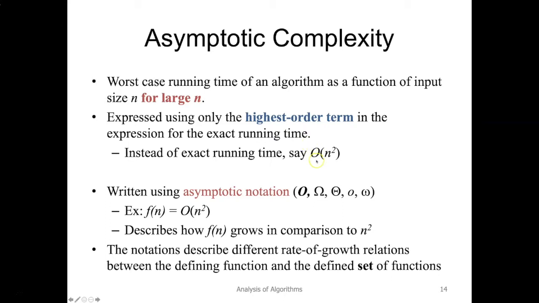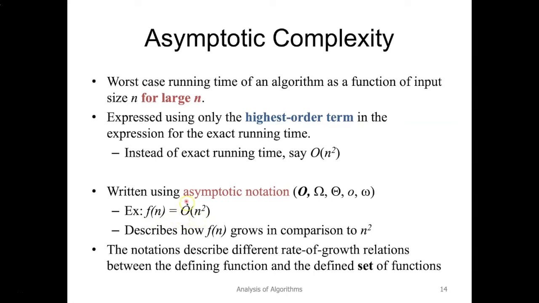So this is asymptotic notation. We have a few of them that we're going to see. Here we have big O, big omega, theta, little o, and little omega. The way that we would say this is we have some function of n, and we'll say that f of n, this is how many primitive operations we have in the worst case, f of n is big O of n squared.